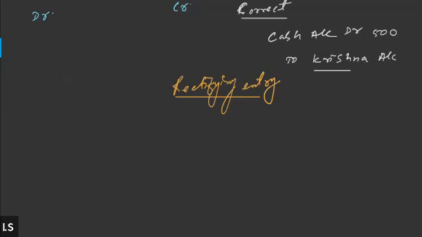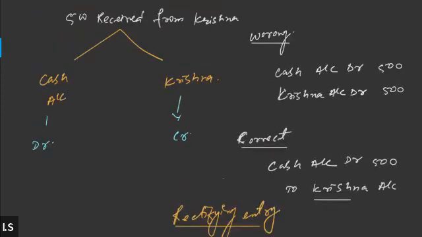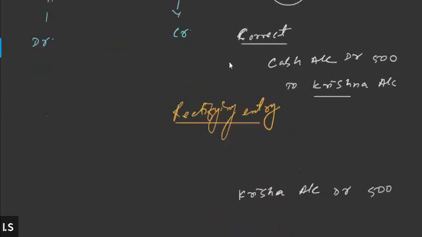So we will credit the Krishna account by 500. And the mistake that we earlier committed, we had debited the Krishna account. So in order to rectify this, we will have to credit this account as well.